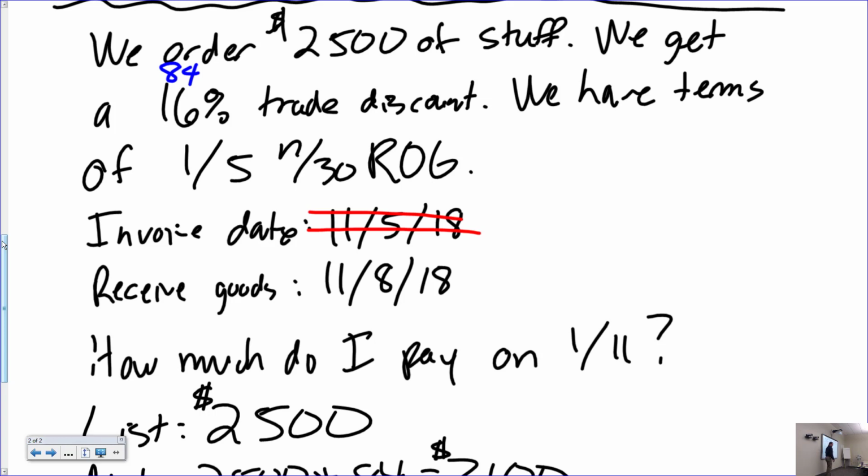Okay, but what if we received it on the 8th? 5 days after the 8th. 8 plus 5 is... Oh no, it says 111. Sorry, 11/11. There's meant to be 2 1s on there. Sorry about that, I did mean 11/11.